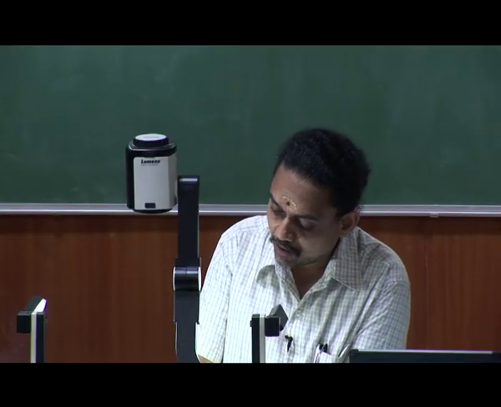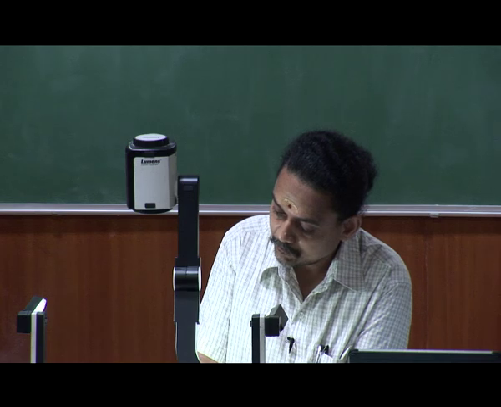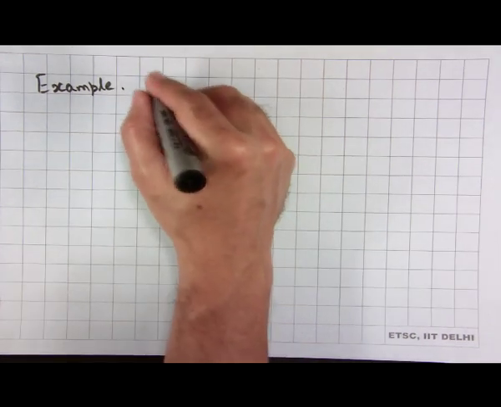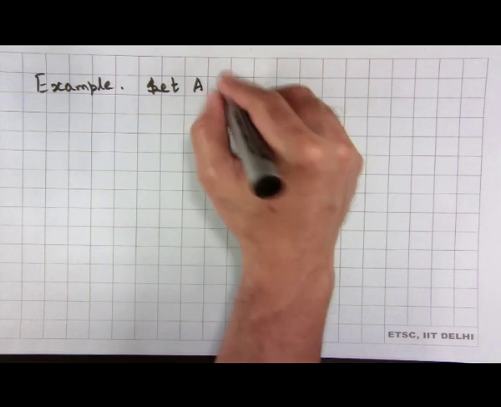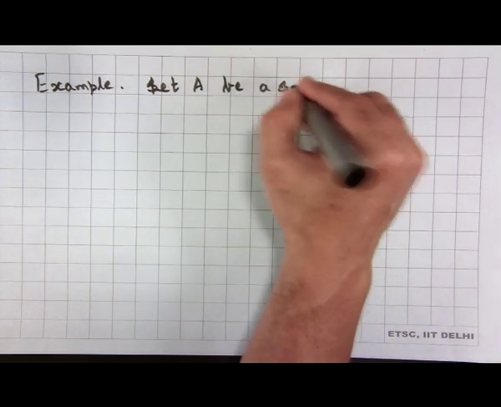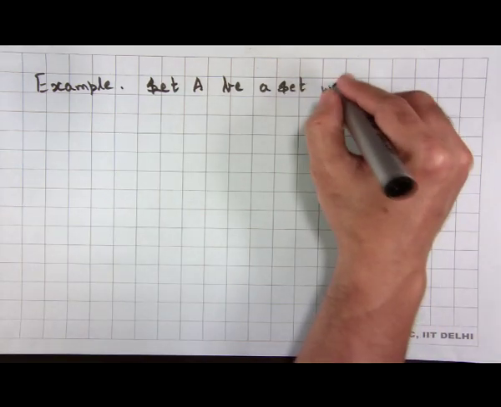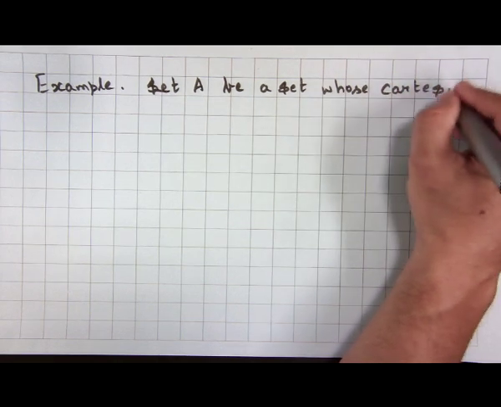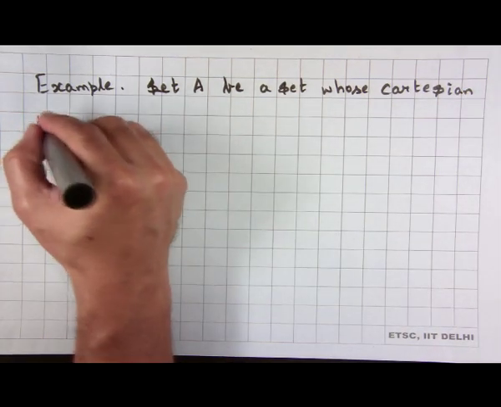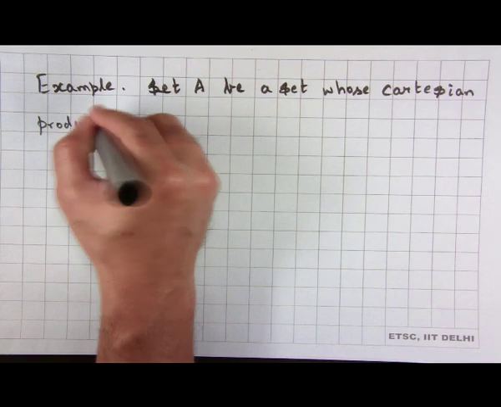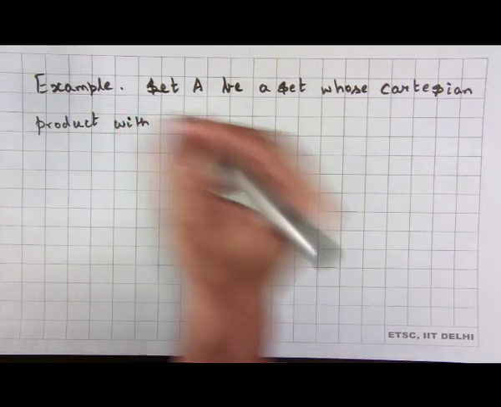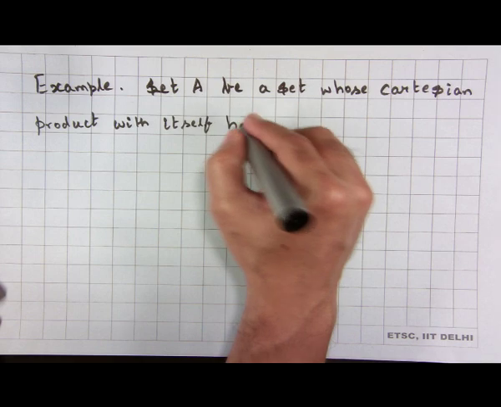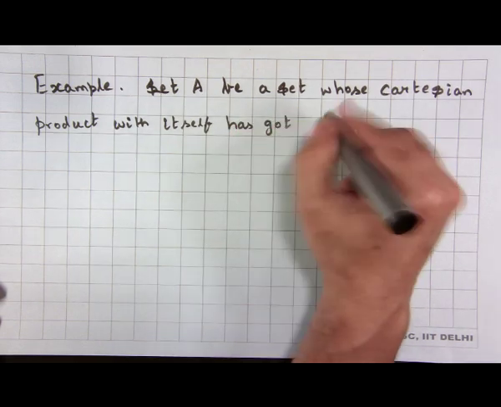Now, let us do one more example. Let A be a set whose Cartesian product with itself, that is A cross A, has got 16 elements.